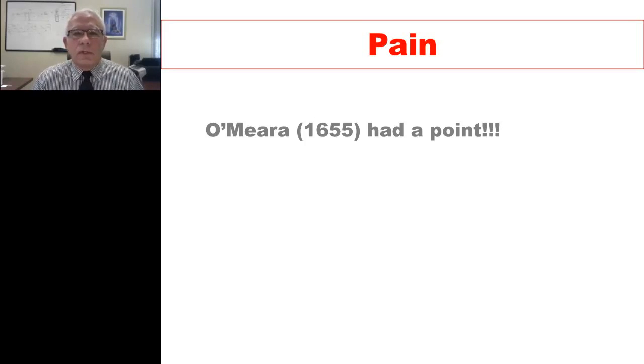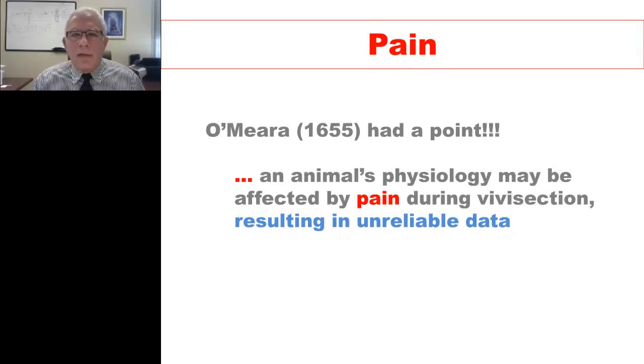So let's go back to O'Mara. I think O'Mara, back in 1655, had an incredible point. An animal's physiology may be affected by pain during vivisection, resulting in unreliable data. Folks, what's interesting, at least to me, is to look again at the date, 1655.